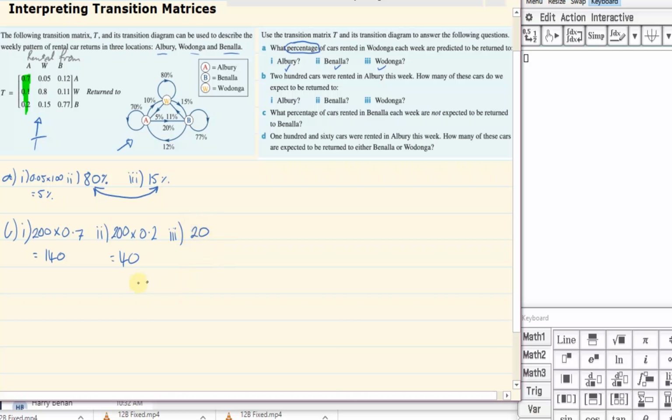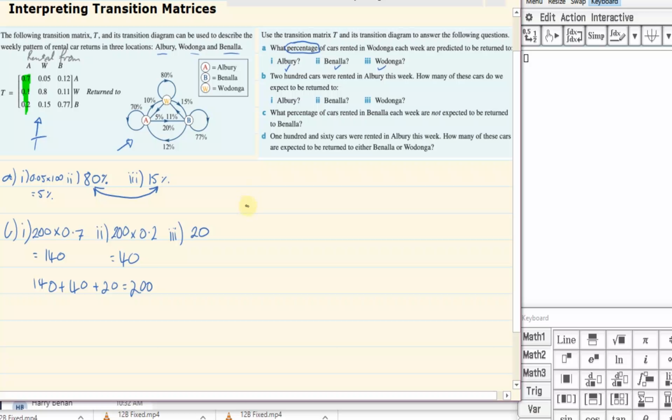Now, our little check here, we want to make sure that they all add up to 200. And I can tell you they do.